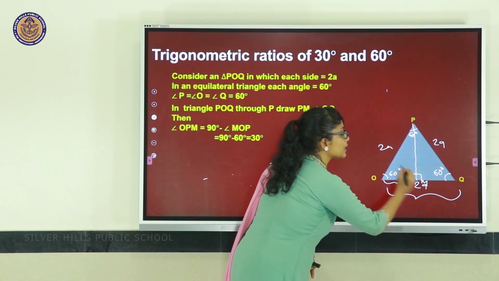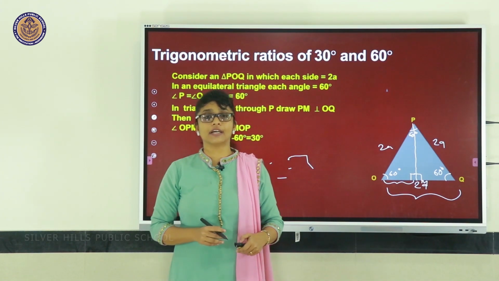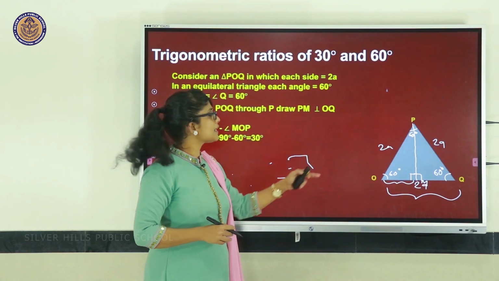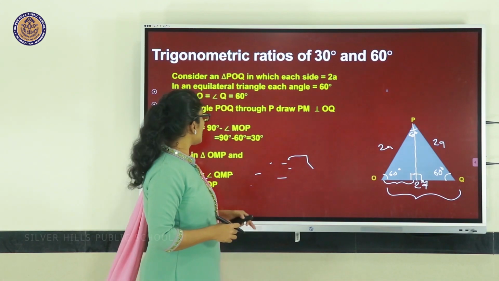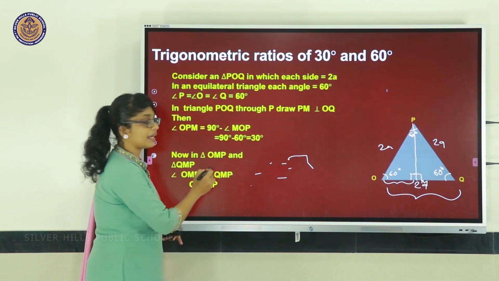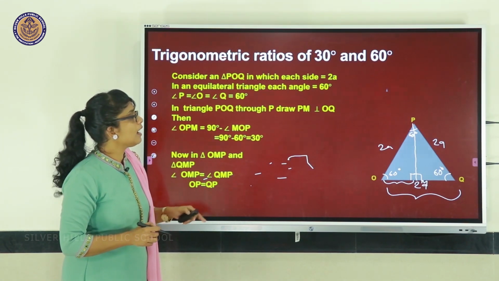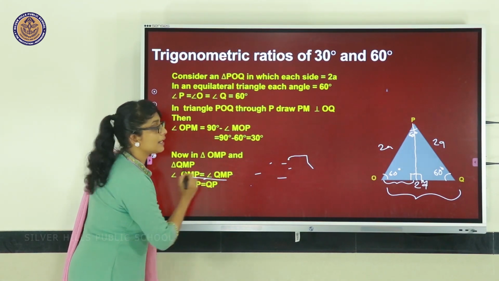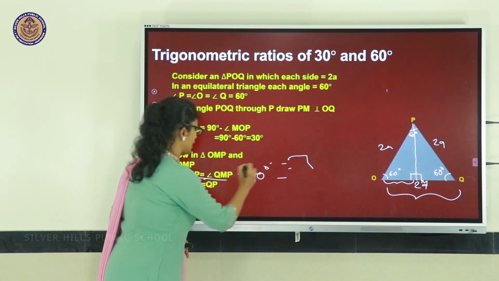And we don't know the measure of this side. But we studied in class 9th standard how to find this OM. Let us consider here two right angle triangles, triangle OMP and triangle QMP. Here angles OMP and QMP are equal because both are 90 degree.